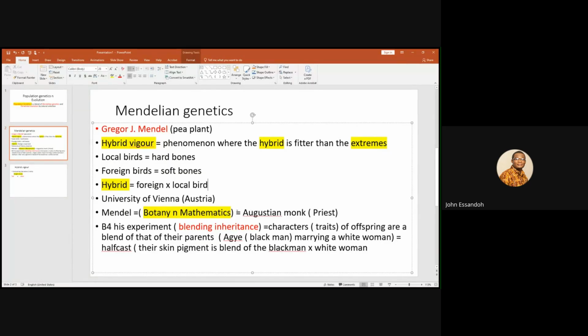And here we have this Augustinian monk by name Gregor Johann Mendel, who had enrolled at the University of Vienna in Austria to study botany and mathematics.